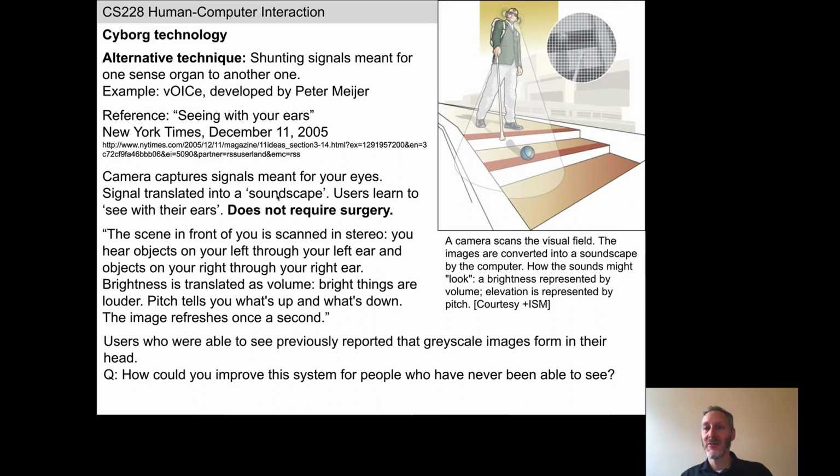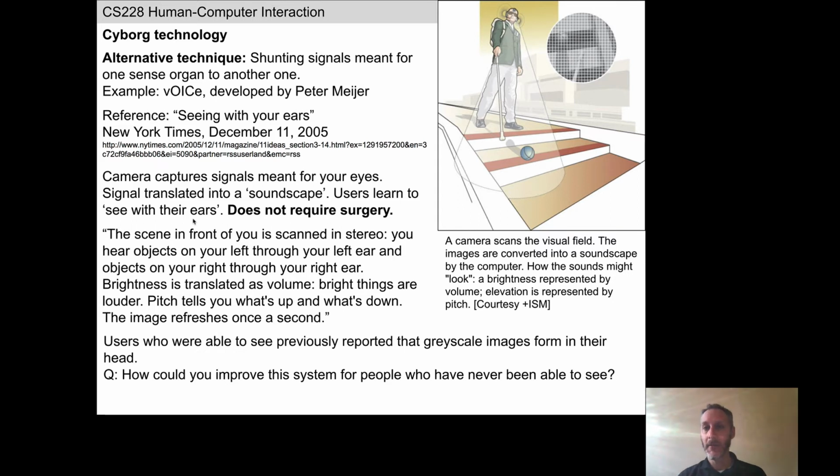They take the video images and turn them into an auditory signal that is supplied to earphones being worn by the subject. Obviously, the nice thing about this is it does not require any surgery. The users, again, have to learn how to interpret this auditory signal, which actually corresponds to a visual signal in front of their body. They have to learn how to, quote unquote, see with their ears.